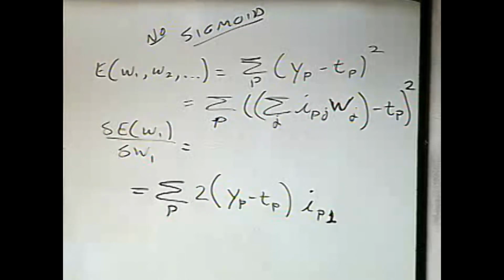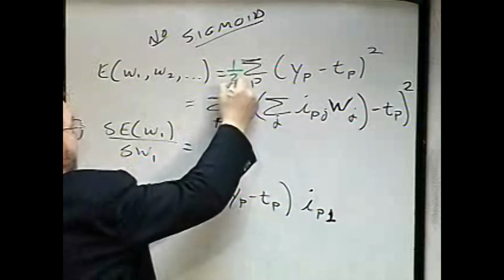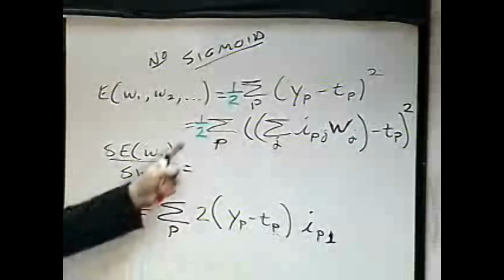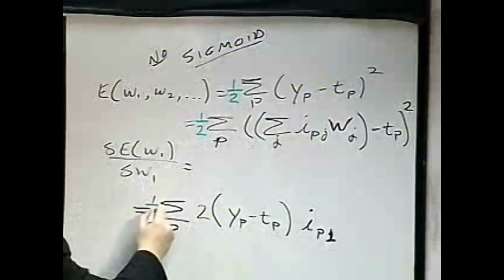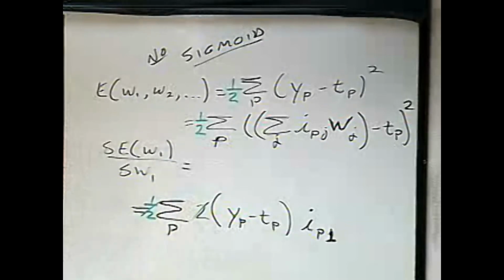I think that's correct. In many cases, in fact, in the book, you'll find out that the error function actually has a half here. And it looks kind of artificial until you get to this differentiation point, because this half eats up the 2 and we just don't have to worry about it.